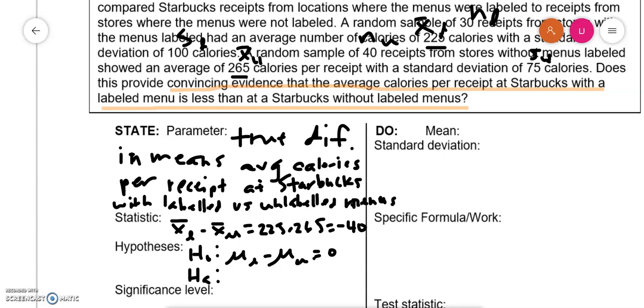Now we're trying to show that the average calories with labeled menus is less than without. So since labeled is smaller, mu L minus mu U should be less than 0. And our significance level is not mentioned, but if it's not mentioned, we use the 5% significance level.